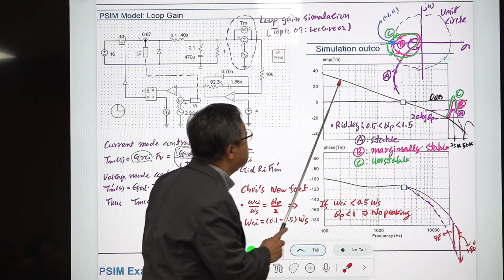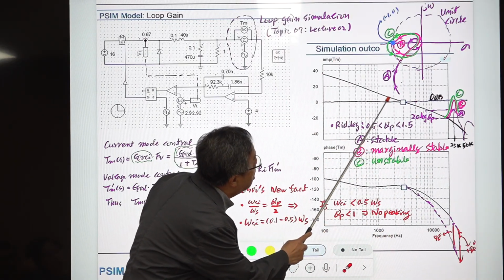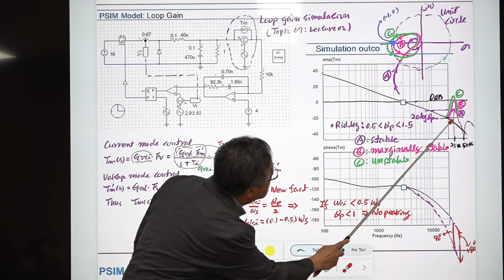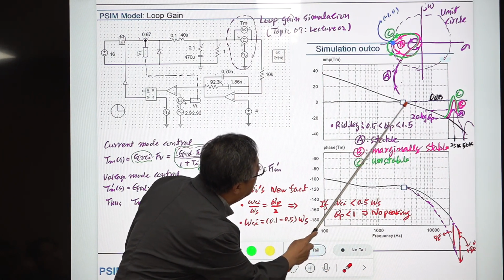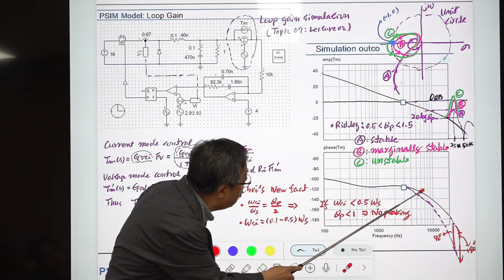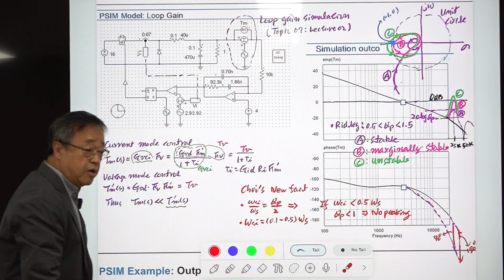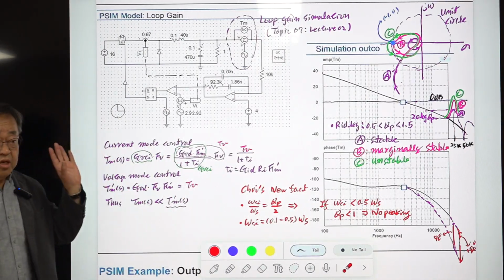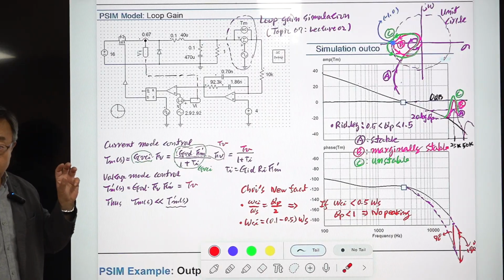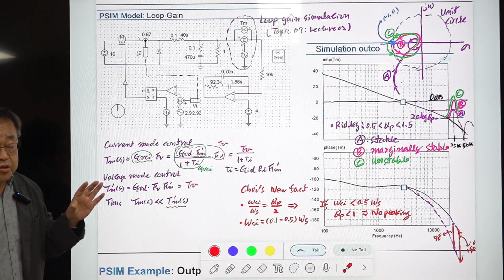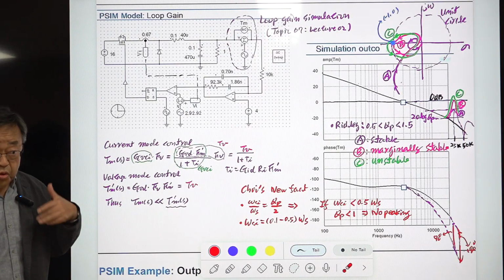Okay. And this is the simulation result of this classical model. So the classical model is shown with this black line. And this is the phase of the classical model. All right. So this classical model totally ignores the sampling effect of the current mode control. We will study in detail the sampling effect of the current mode control later.